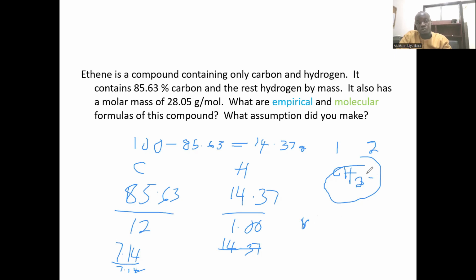Since this is CH2, we have the molar mass for the empirical formula to be 14. So we now take 28.05 given from the question, then you divide it by 14. At the end it's going to be 2, which is the multiple factor, and then you multiply it by this, and that is why you have C2H4.